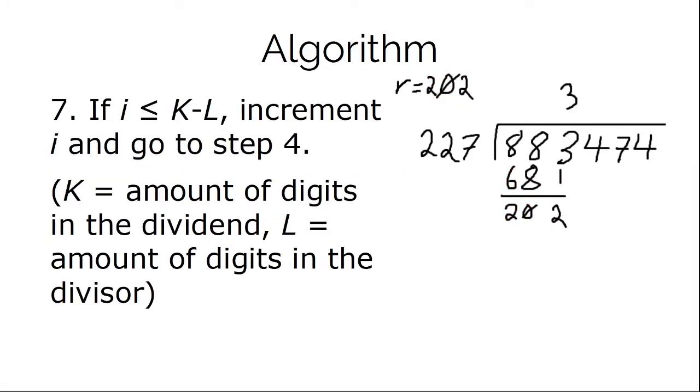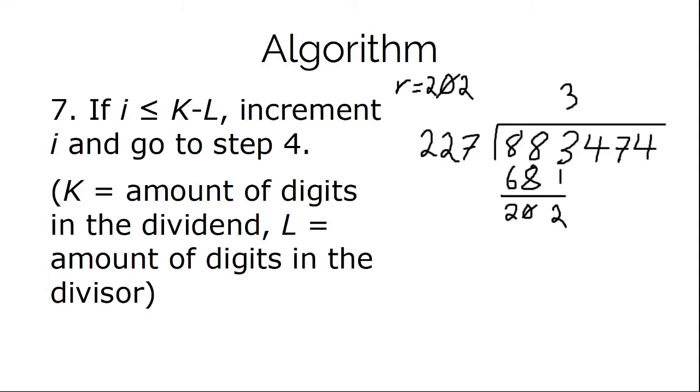Now, step 7. If i is less than or equal to k minus l, increment i and go to step 4, where k is the amount of digits in the dividend, and l is the amount of digits in the divisor. So this is basically just giving our iteration a limit of the difference between the digits in the dividend and the digits in the divisor. And this is because the only digits that we're iterating through are the last few digits after the first intermediate dividend.